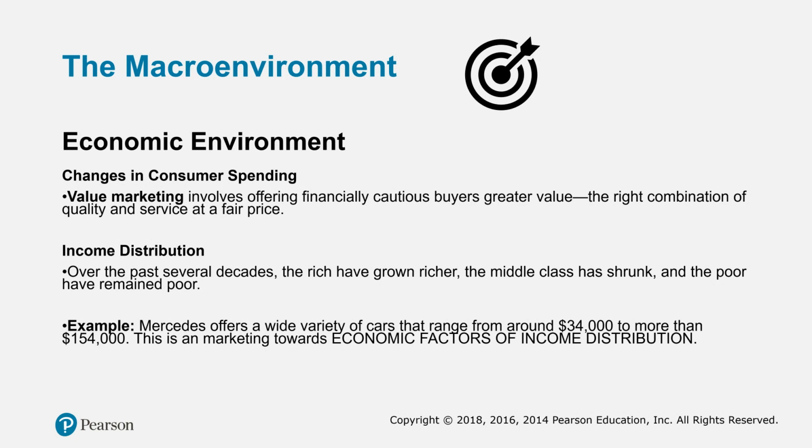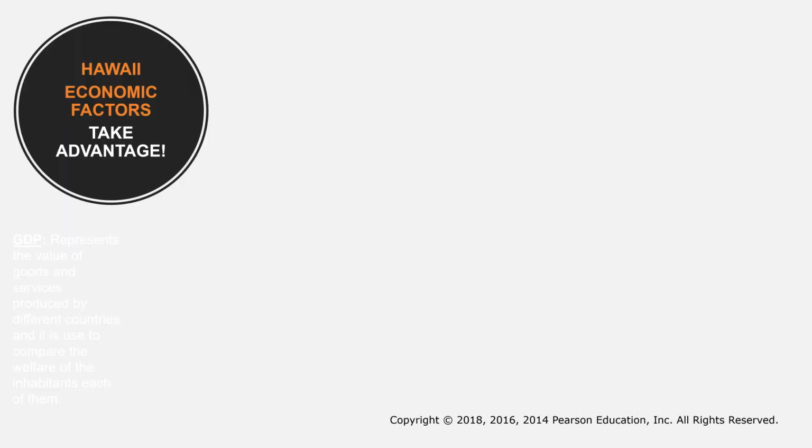Zippies is kind of the middle range, lower end food solution, but how are you going to service maybe the higher end consumers that are coming and visiting that want a great Hawaiian experience, but maybe a different type of food or environment? So that is how you use economic environment to make marketing decisions.